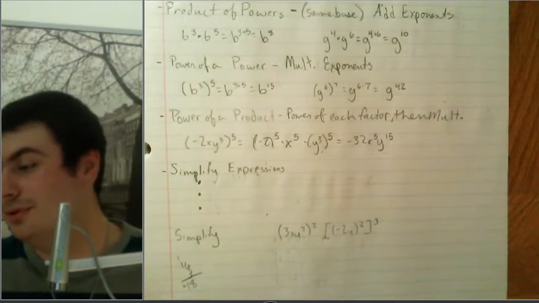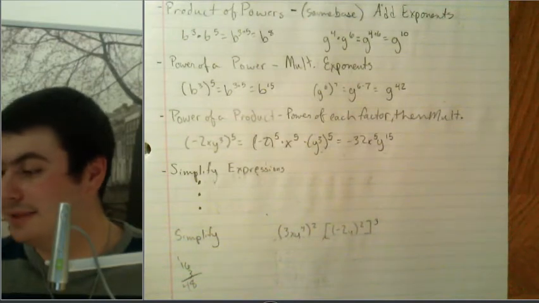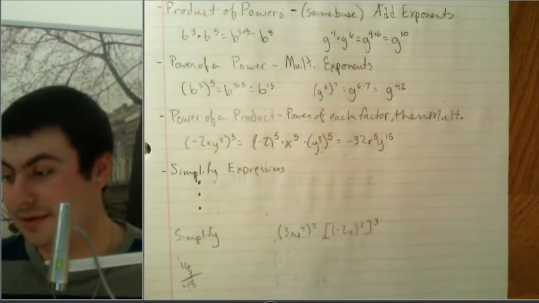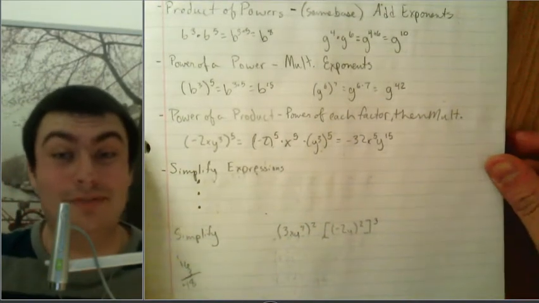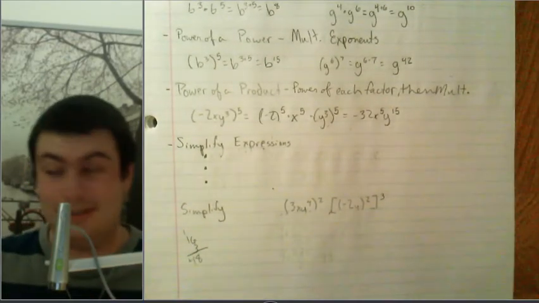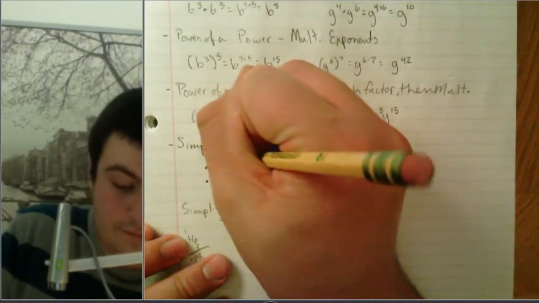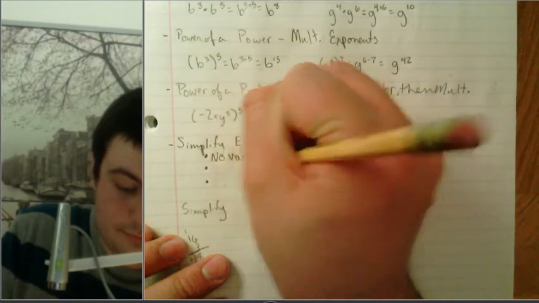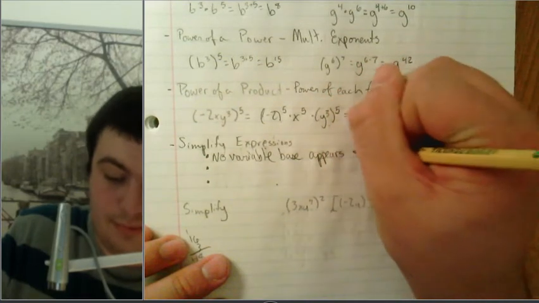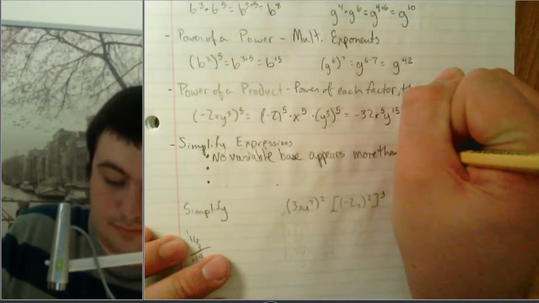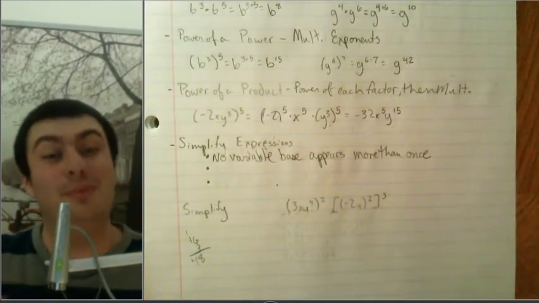Now we have a couple rules for when we need to simplify expressions. If we're asked to simplify an expression, we know it's simplified when no variable base appears more than once, meaning each variable as a base appears only one time.